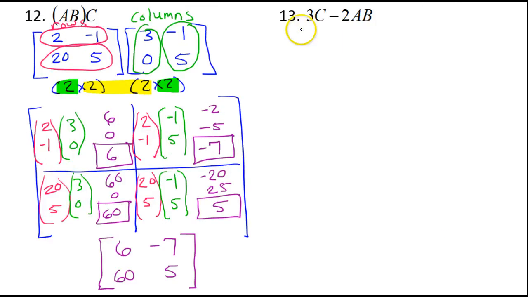All right, for number 13, I need to do 3C minus 2AB. Let's see, so 3C, so I'm doing 3 times matrix C. Looking at the last problem, matrix C is right here on the end. So matrix C is 3, -1, 0, and 5.